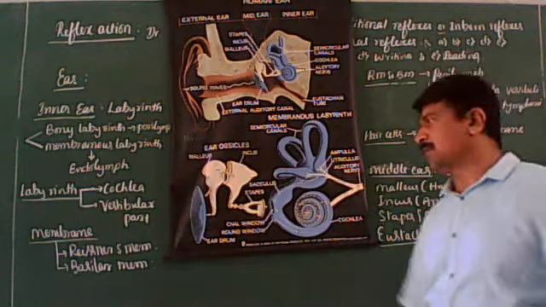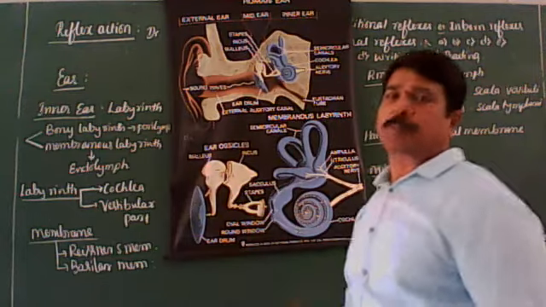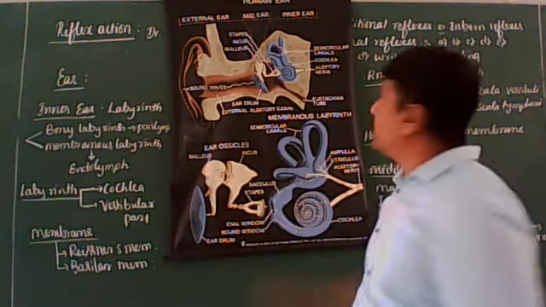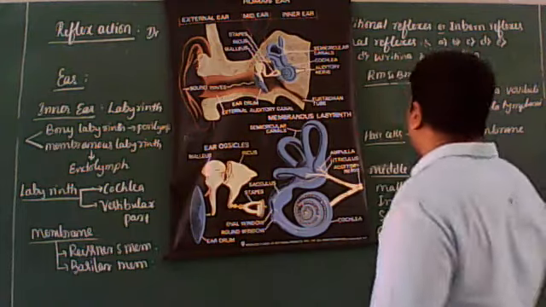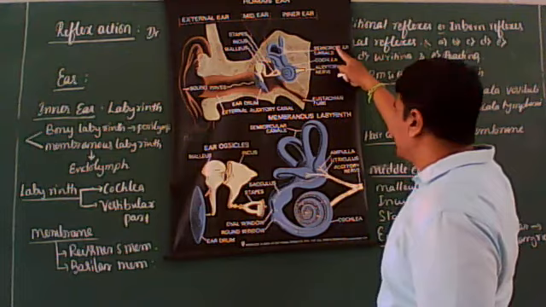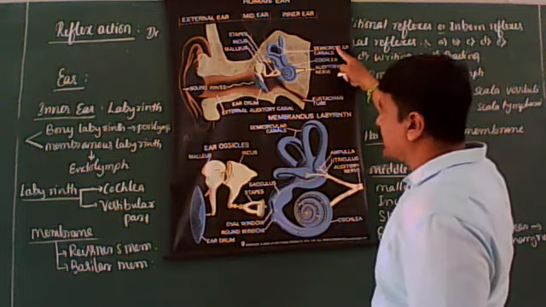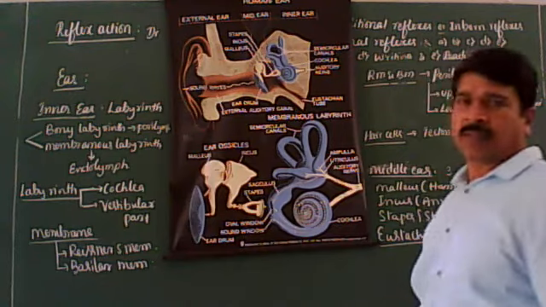Now let us come to the vestibular part. The most complex part above the cochlea is called the vestibular part. It consists of three semicircular canals and otolith organs. Clear?